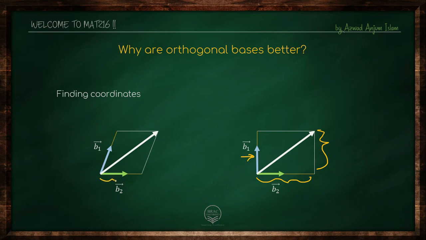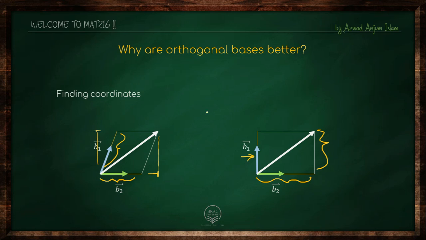To calculate the length of this, we cannot just take the projection because the projection is going to be 90 degree. So the projection is going to be something like this, and the projection here is going to be something like this, which will not give us the 2 coordinates. So finding coordinates of a vector, if we are using a basis that is not orthogonal or orthonormal, is much more complicated than if we are using a basis that is orthogonal.